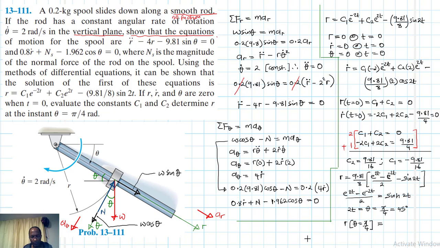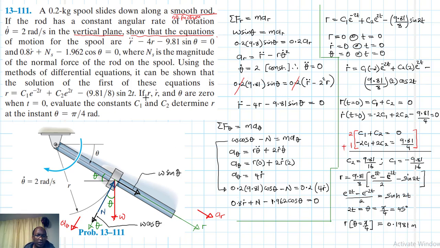Sorry for the delay. Right, so this gives us 0.1981 meters.